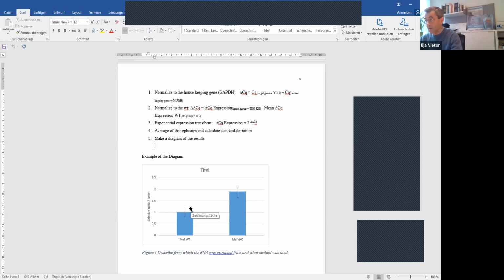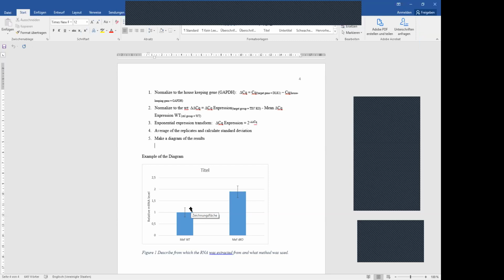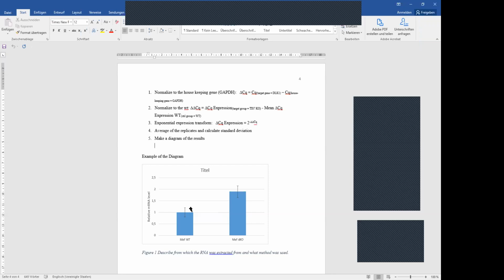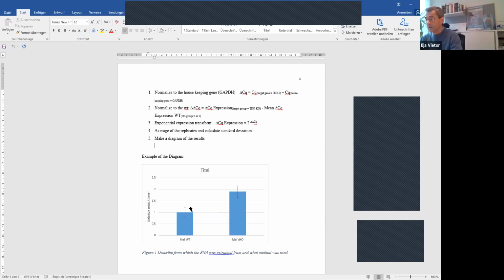So you calculate the mean for the wild type. And then you say that this represents 1. And then you compare each single value of the wild type, so all 3, against that one, which is the mean, which represents 1. So then your individual values are higher or lower than 1.